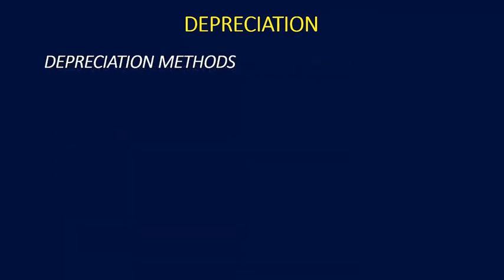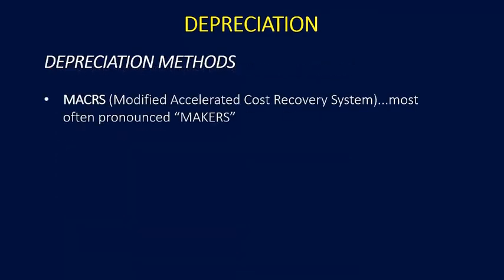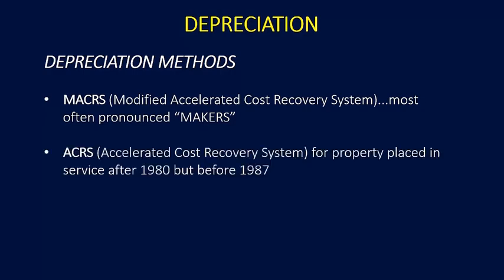Now, we spoke about depreciation methods just a moment ago. One of the depreciation methods is called MACRS, M-A-C-R-S, or the Modified Accelerated Cost Recovery System. There's also ACRS, or Accelerated Cost Recovery System, and ACRS covers property placed in service after 1980 but before 1987.